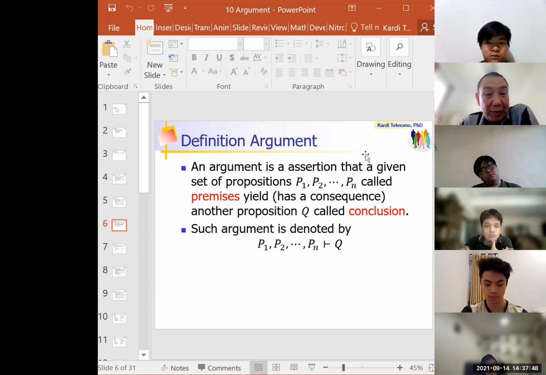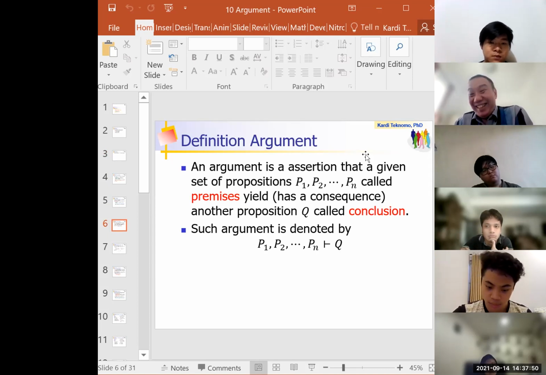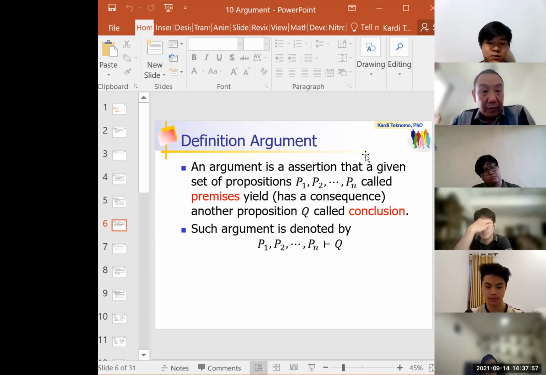So now, starting with the formal definition.